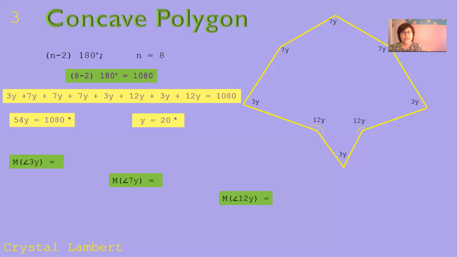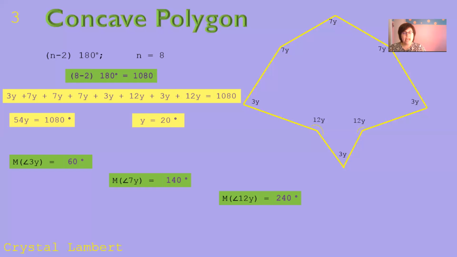Well, if our angle is 3y, that's 3 times y, so our angle for 3y is actually 60 degrees. Then we're going to look at our angle for 7y, and that one is equal to 140 degrees. And then our angle for 12y, which are those angles that point to the inside, those are 240 degrees.